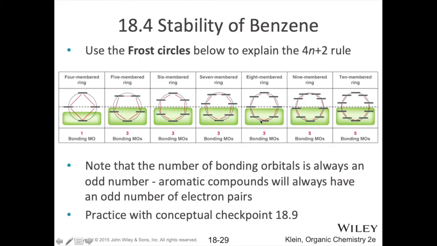We always have an odd number, and that explains why when these are completely filled, we meet the 4n plus 2 rule. If you pair up electrons in there, you will have a 4n plus 2 number of electrons. So the Frost circle graphically explains what Huckel's rule explains numerically.